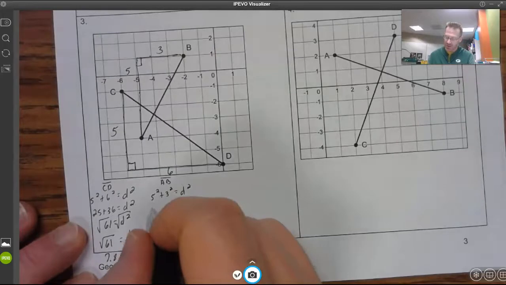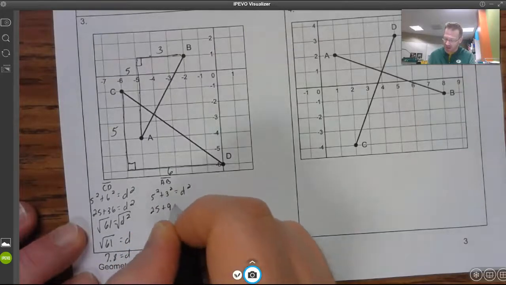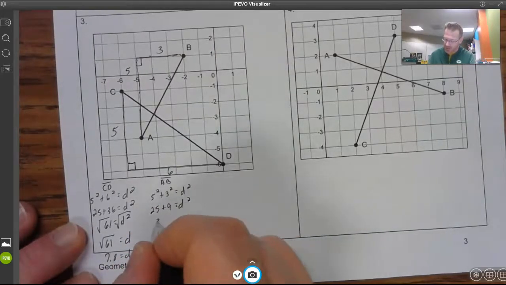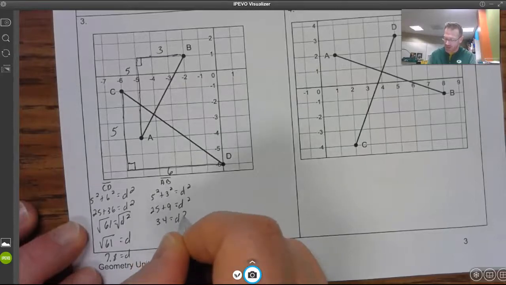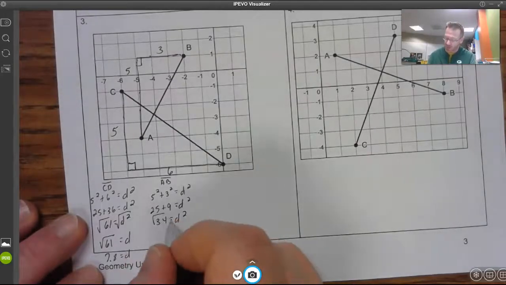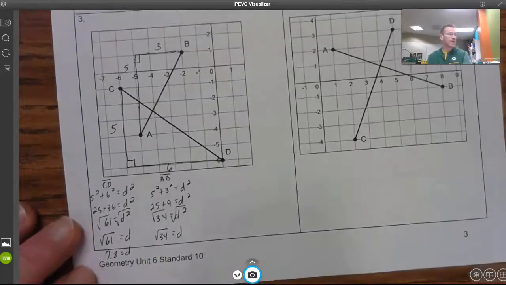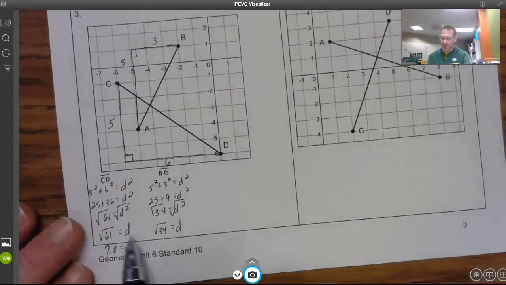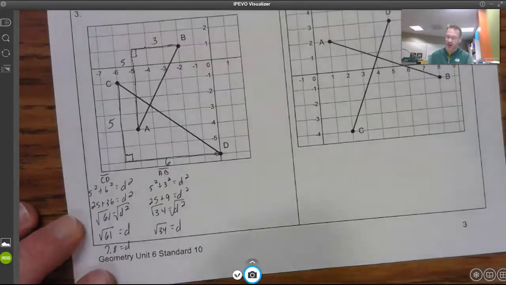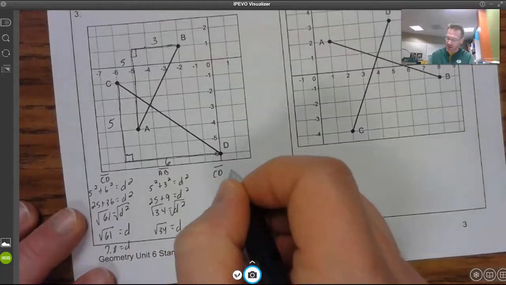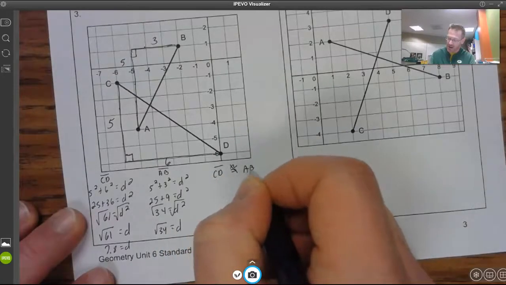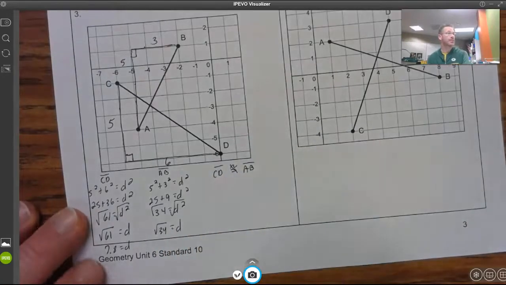And then 25 plus 9 is equal to D squared. So this is 34 is equal to D squared. Take the square root of both sides. The square root of 34 is equal to D. Okay, and we can definitely see here that these are definitely not equal. So we know that CD and AB are definitely not congruent.